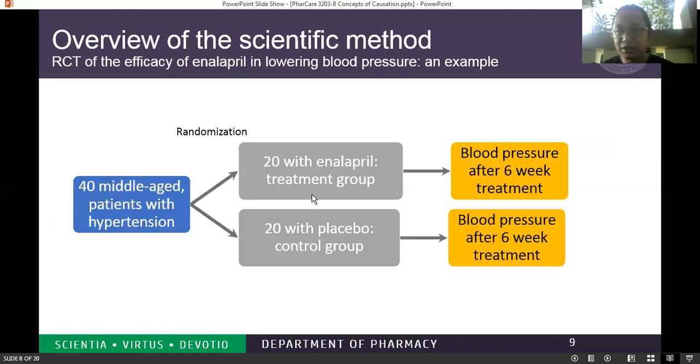Randomization is that we randomize, we can draw a card or something like that, for those who are selected as participants, the eligible participants. So randomization means we divide the eligible participants into the treatment group or the control group.